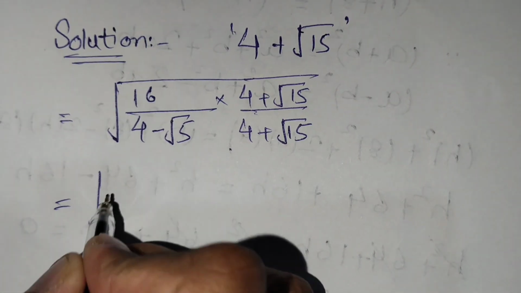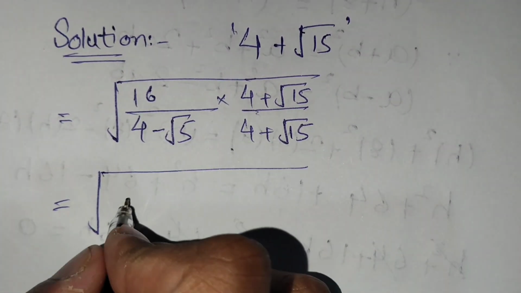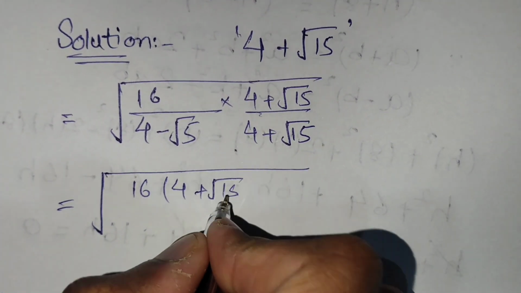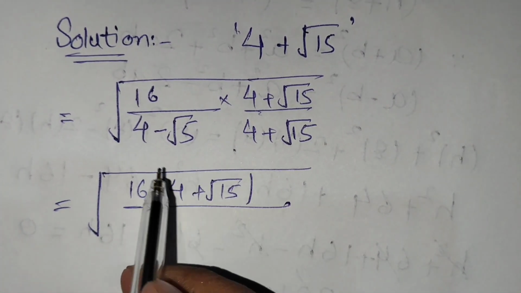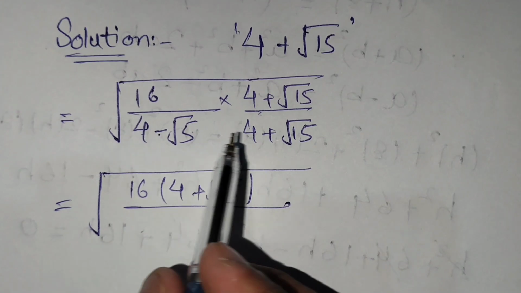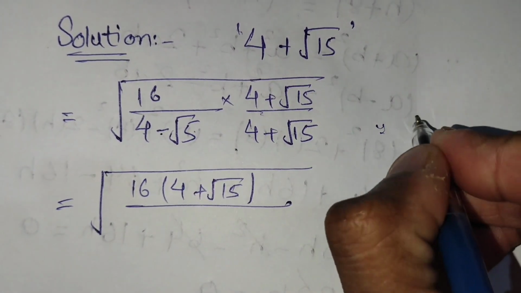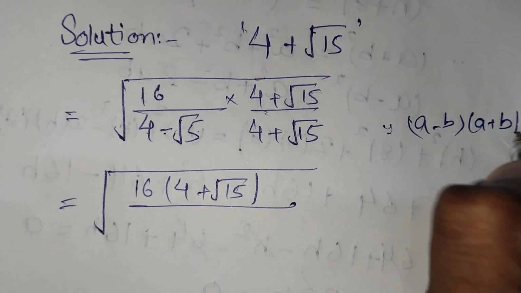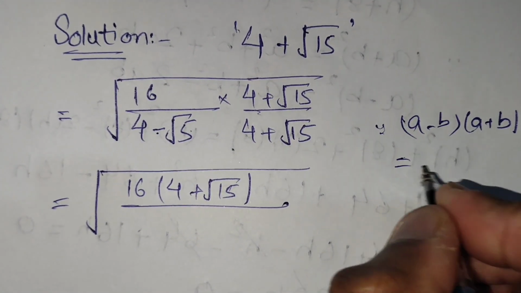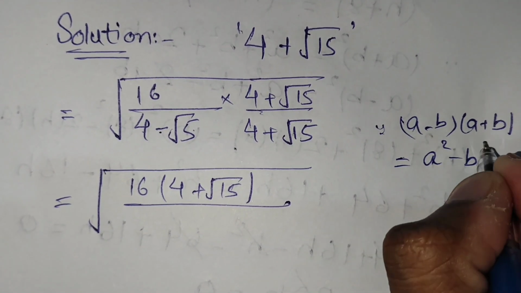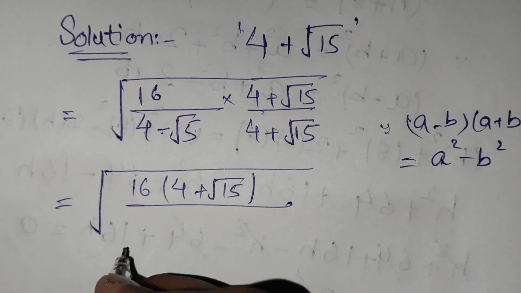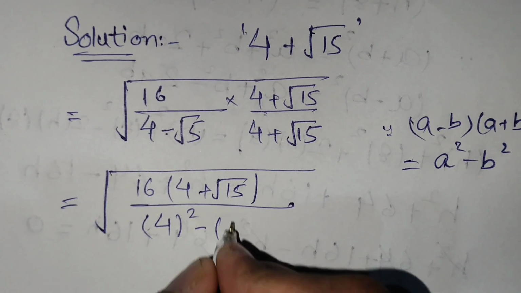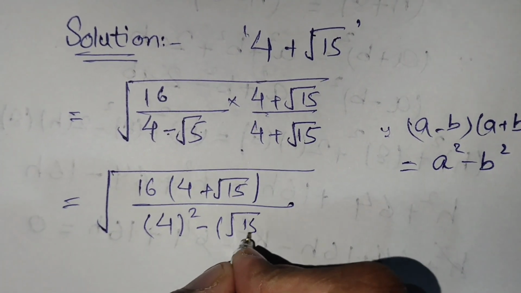The square root of 16 into 4 plus square root of 15, divided by, this is a minus b, a plus b. A minus b times a plus b is equal to a square minus b square. So this will be 4 square minus square root of 15 square.